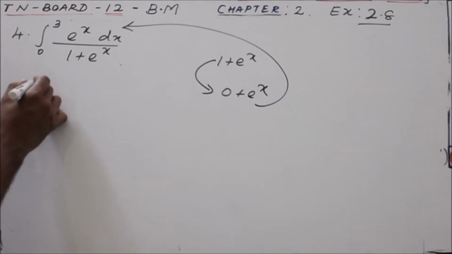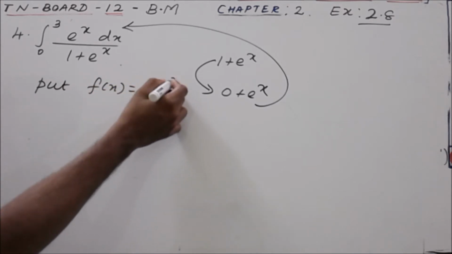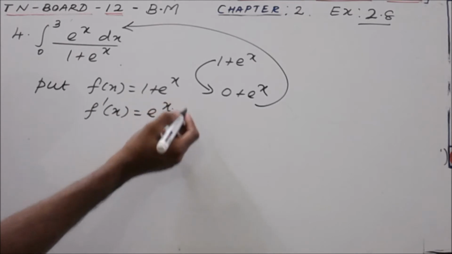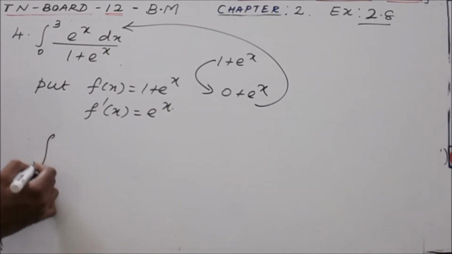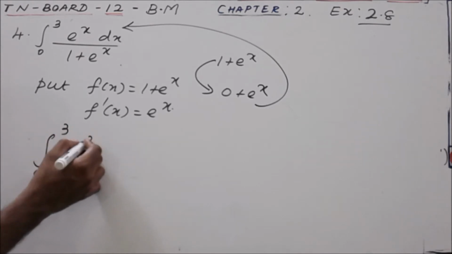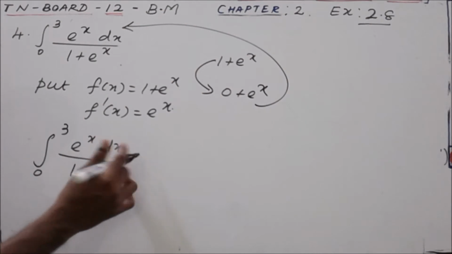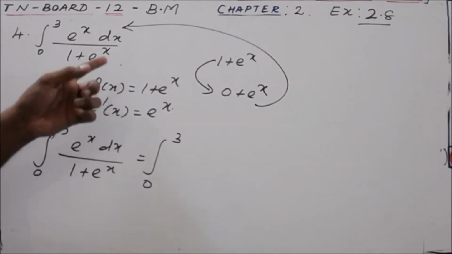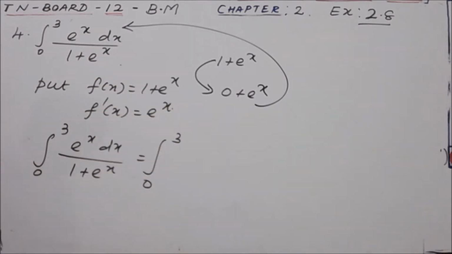So put f of x is equal to 1 plus e power x and f dash of x is equal to e power x. So in substituting, therefore integral 0 to 3 e power x dx by 1 plus e power x equal to integral 0 to 3. We are keeping the variable the same, so you need not change the limits.